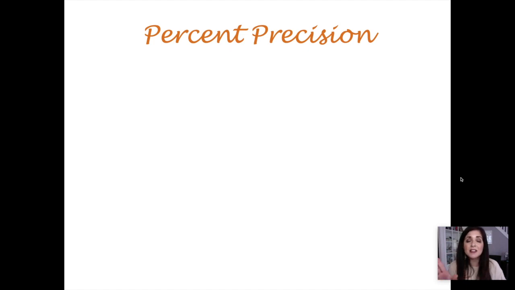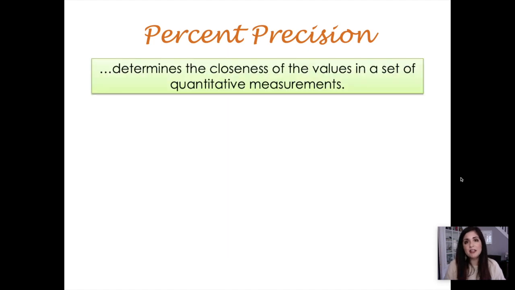So if I have a set of measurements that I found in the lab, again, for the density of aluminum, I want to know quantitatively or numerically, how close are those values to one another, by what percent? And we could do that by finding the percent precision, which determines the closeness of the values in a set of quantitative measurements. Again, quantitative is always numerical.